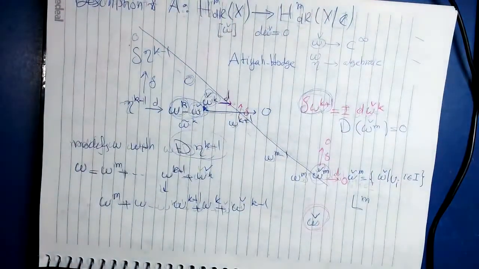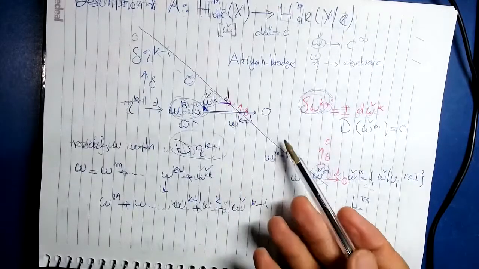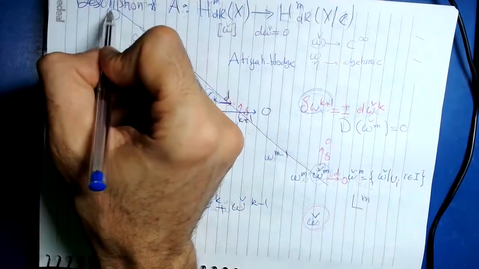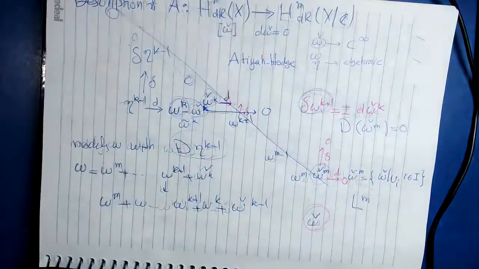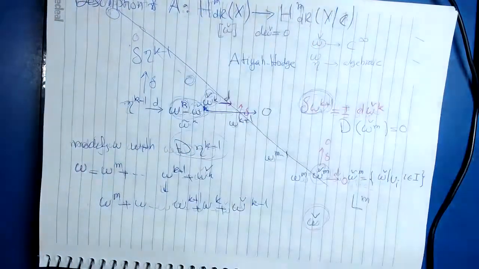So the basic idea is that we can continue this process until the end, and there we can get a purely algebraic element, and so we construct the map A.